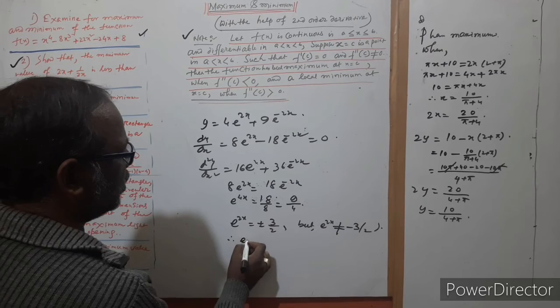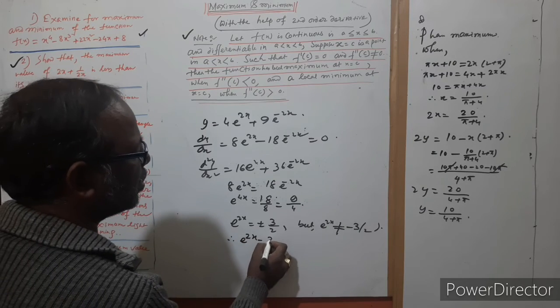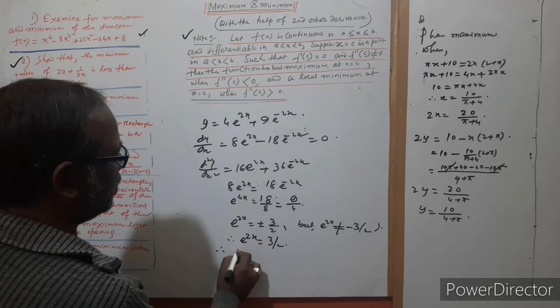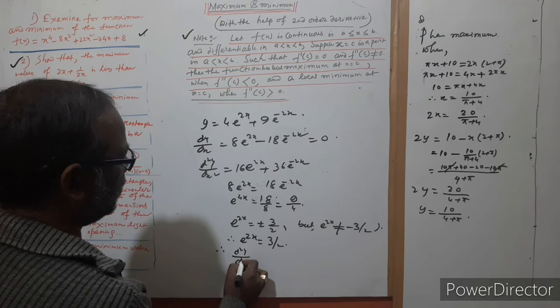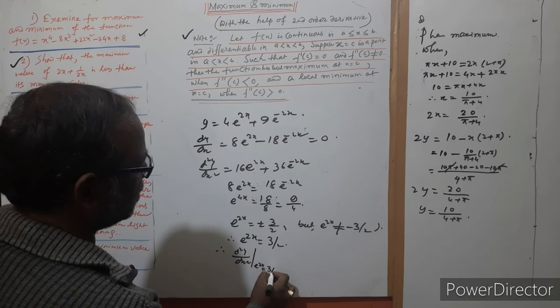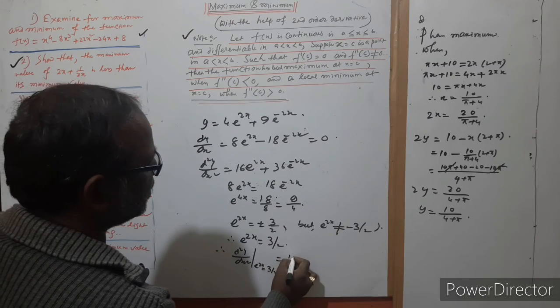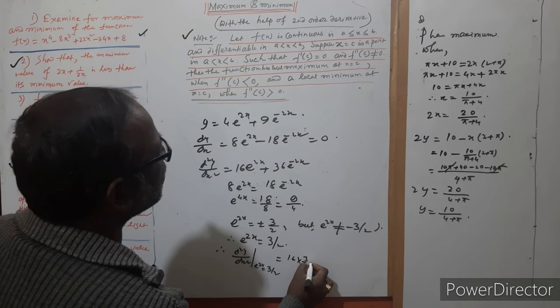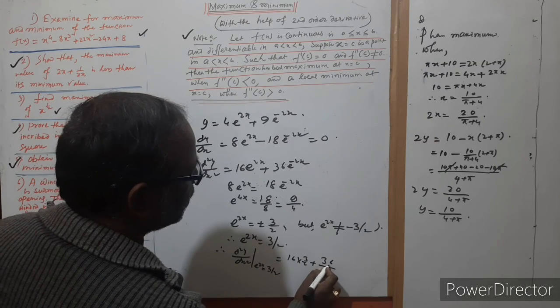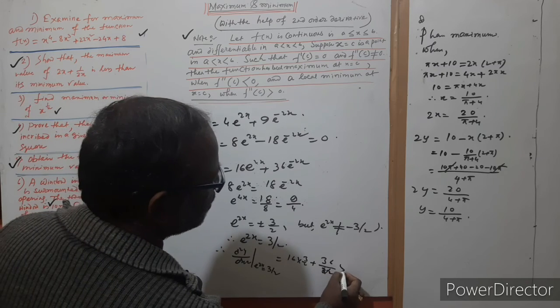So therefore e to the power twice x is equal to 3 by 2. So now second order d2y by dx2 we have to find, e to the power twice x at 3 by 2, that is 16 into 3 by 2, and 36 by 3 by 2. Okay, so this is more than 0.